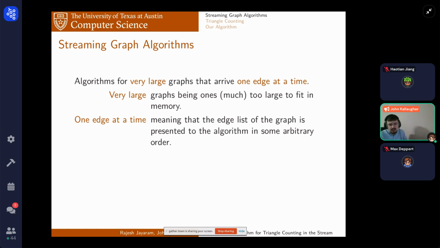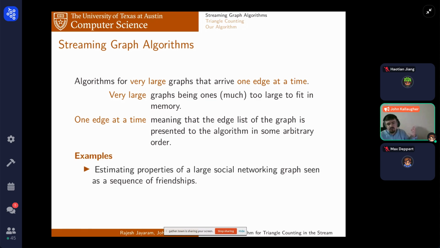Examples of cases where you might care about this: say that you see some really large social networking graph as a series of events of the form where Alice became friends with Bob, Bob became friends with Charlie, Charlie became friends with Darlene, etc. And you want to calculate some property of this graph while not storing all of these many billions of friendship events.